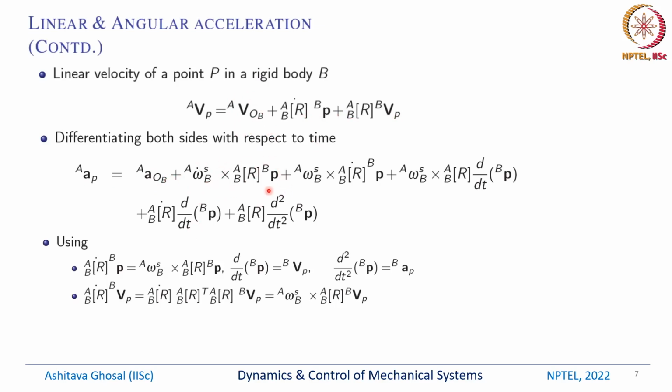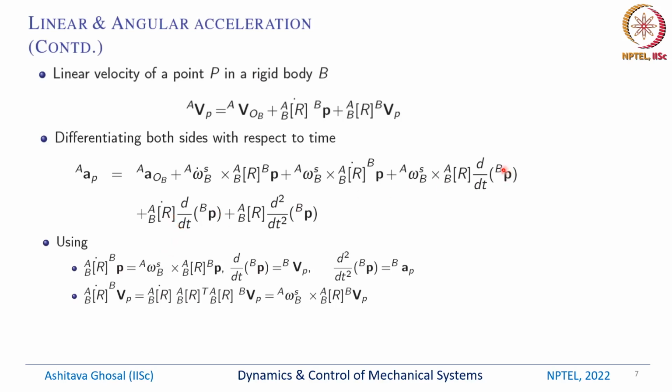Remember from undergraduate, we have a tangential acceleration which is alpha times r. Then we have something which is A omega B into this, and one more of this, and the last term is also very well known. This is nothing but the acceleration of the point in the B coordinate system itself.